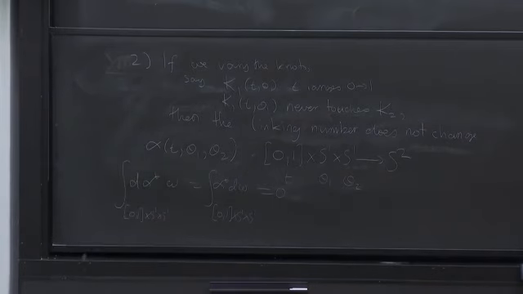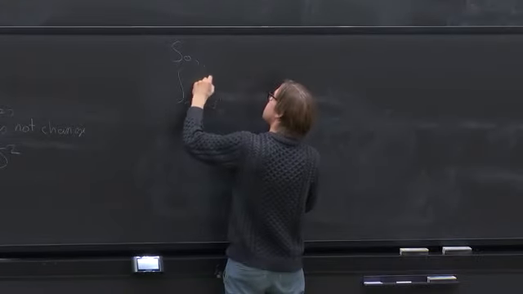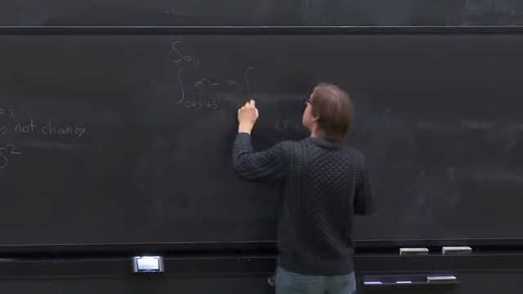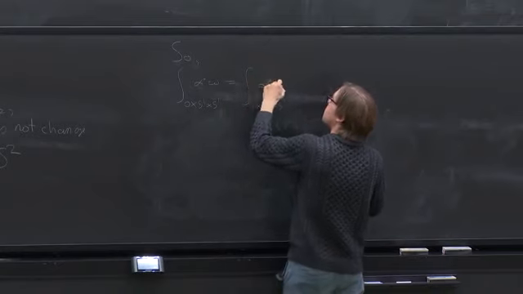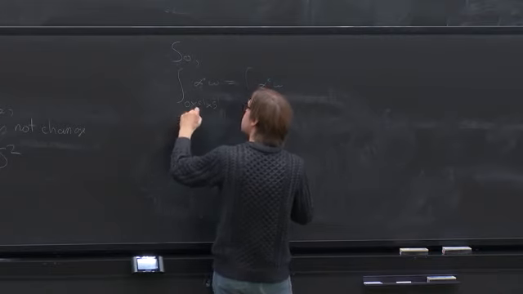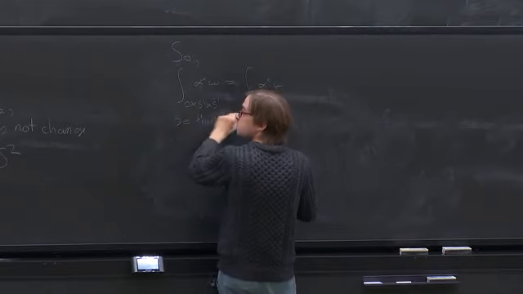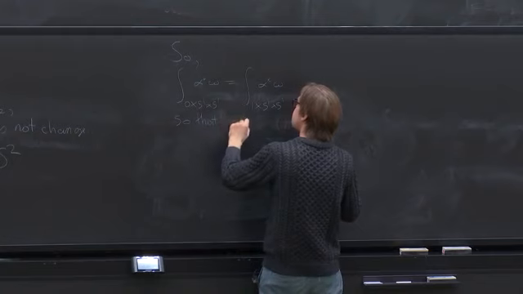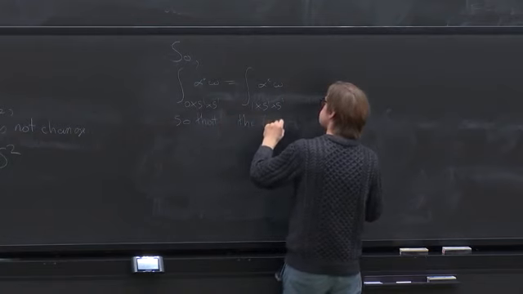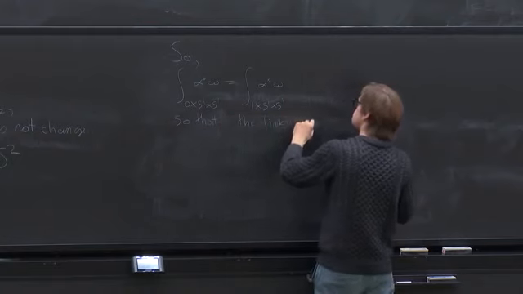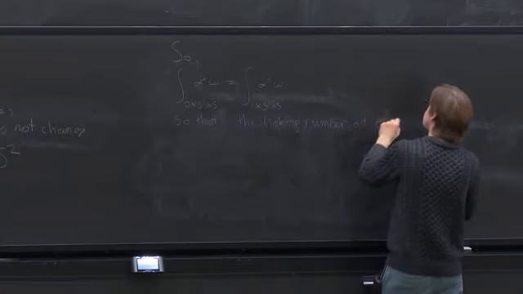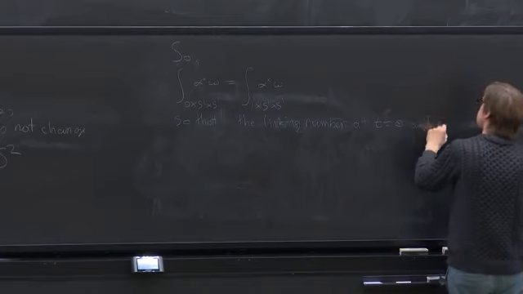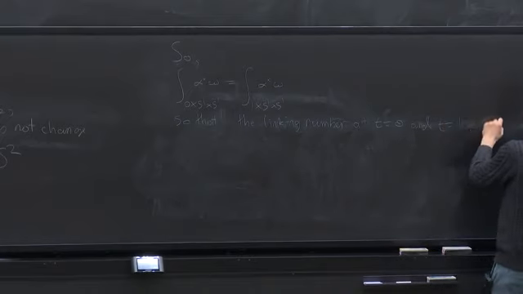So the integral over 0 times S1 of alpha star omega is equal to the integral over 1 times S1 of alpha star omega, so that the linking number at t equals 0 and t equals 1 is the same.